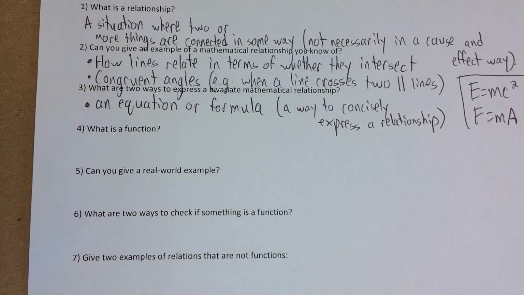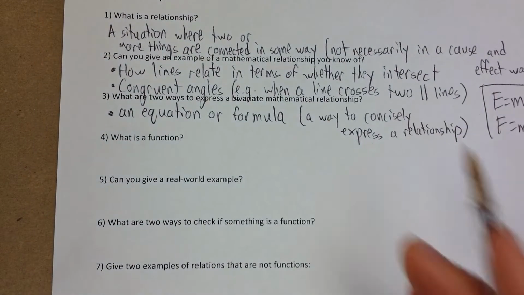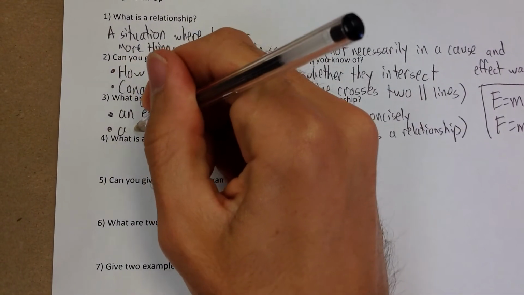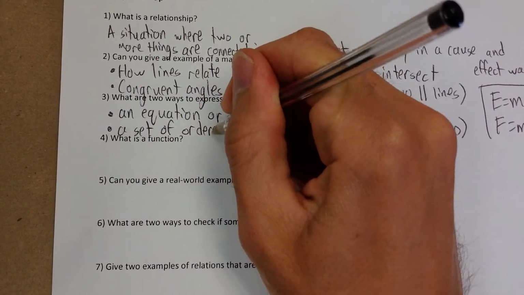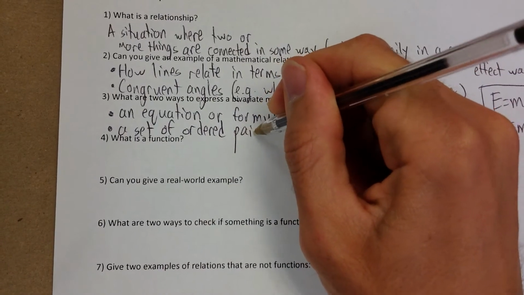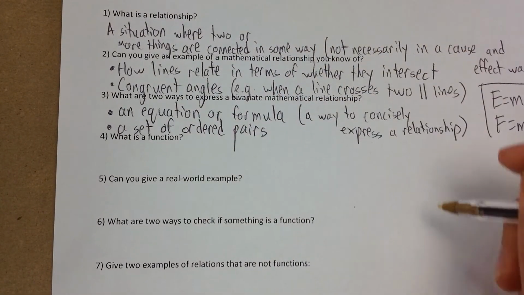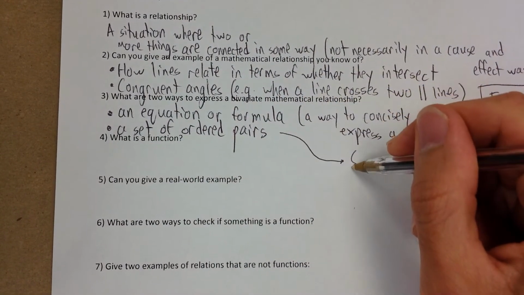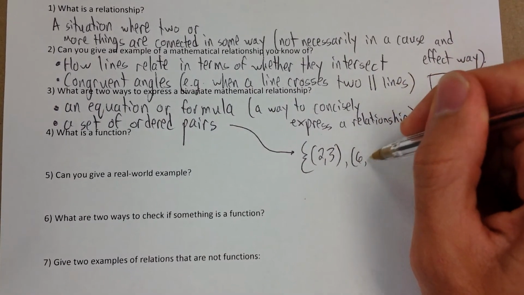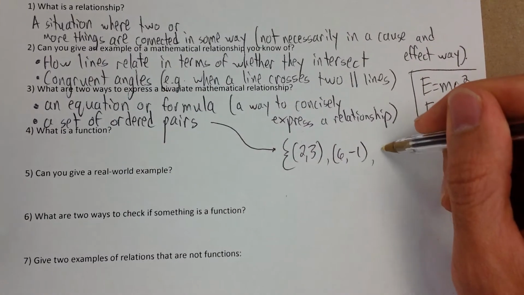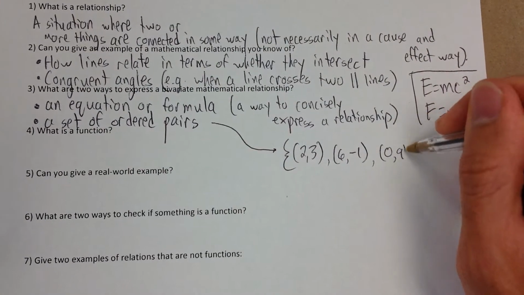What's concisely? Short. A set of ordered pairs. Like, for example, (2, 3), (6, -1), (0, 9).